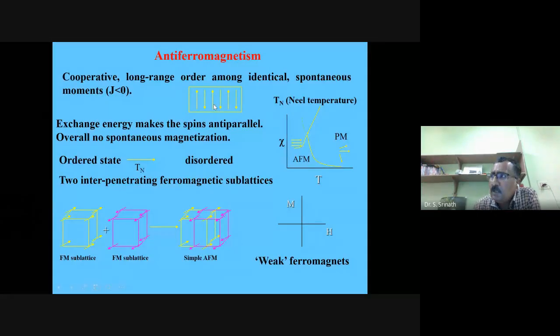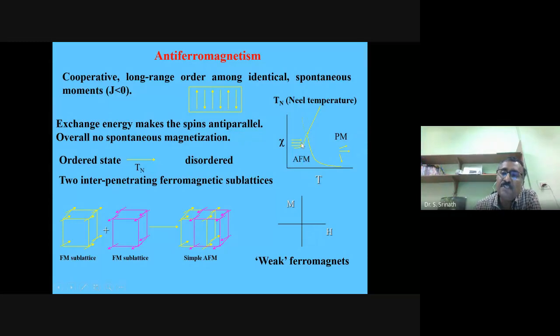And similar to your ferromagnetic to paramagnetic transition, here you have antiferromagnetic to paramagnetic. So the high temperature phase is always paramagnetic. Here again I bring the same notion that this coupling energy competes with the thermal energy. If the coupling wins over, then I will have an antiferromagnetic order, and if the thermal energy wins over, then I will have a paramagnetic.